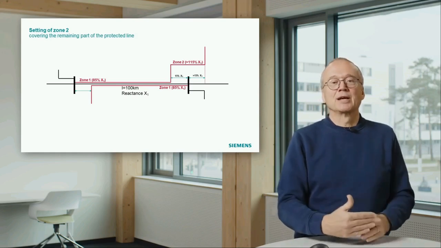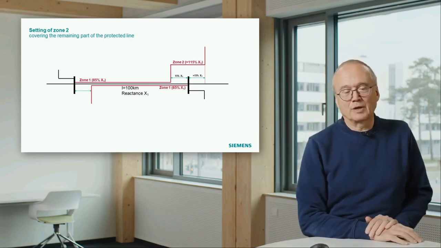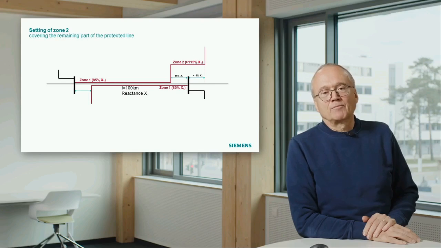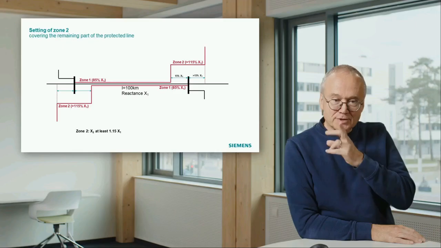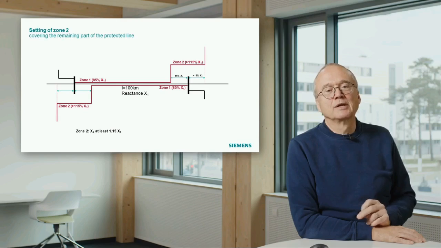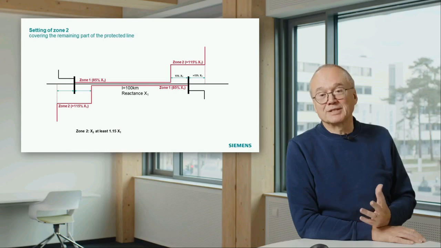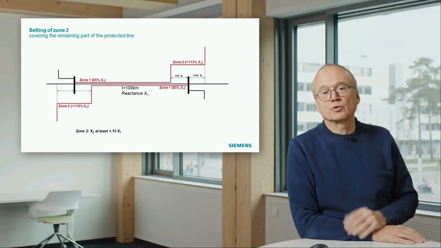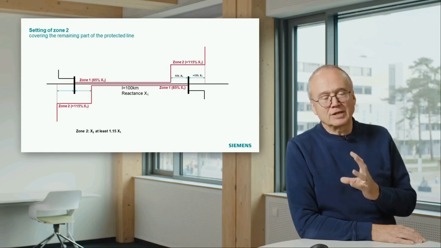That means it must be at least 15% beyond the end of the line. If we do that from both sides, then if there is a fault in this remaining 15%, this fault will definitely be tripped also from the left side, unfortunately with a little bit of delay, but it will be tripped. And that is one purpose of zone 2, delayed trip.